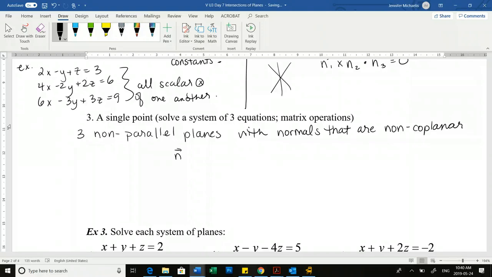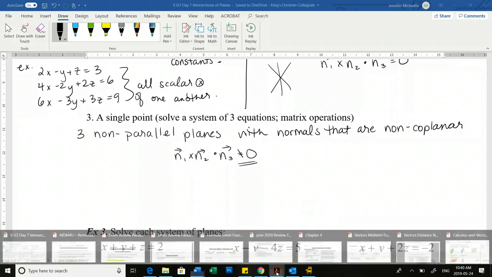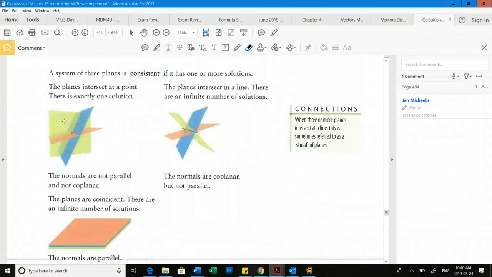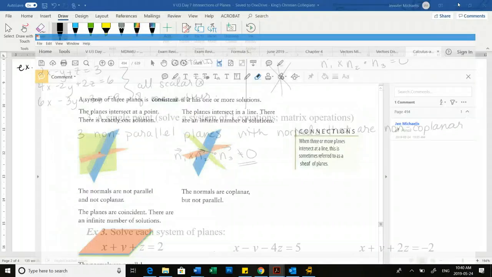Okay, in other words, my triple scalar product will not equal 0 in this case. This one's a little bit harder for me to draw, but you guys saw it in the textbook here. That is this scenario where 2 of them will intersect in a line, and then the other one cuts straight through, and then we have that one single point of intersection there.